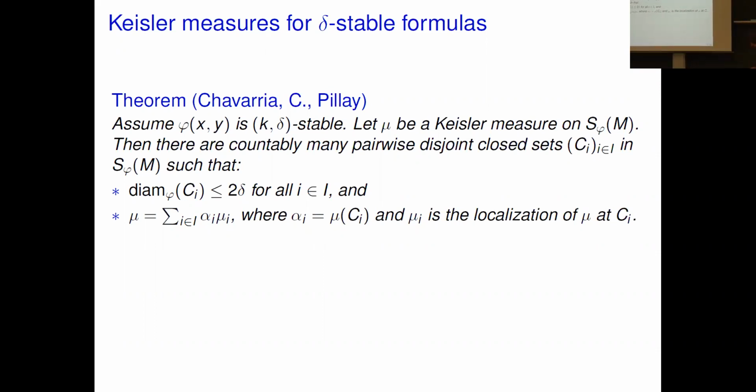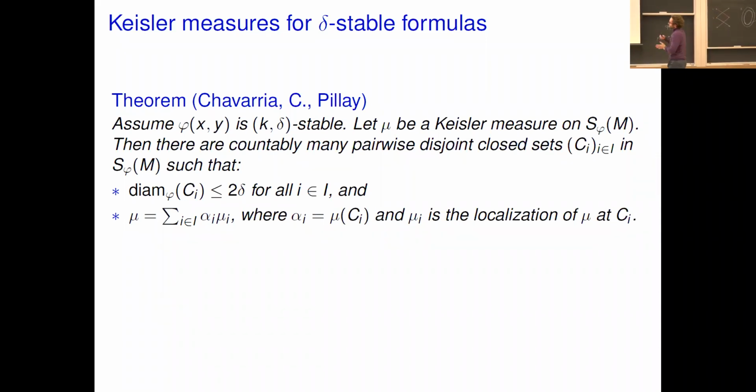Do you know what I mean by localization? I'll write it. So mu_i of a Borel set B is mu of B intersected with C_i, divided by mu(C_i). So this is a new Keisler measure, and we're just weighting it that way. Okay, so that's the result.